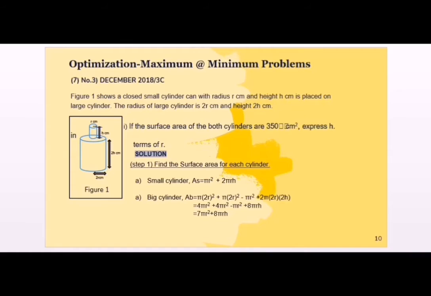The formula for the small cylinder is pi r squared plus 2 pi r h, while the formula for the big cylinder is pi (2r) squared plus pi (2r) squared minus pi r squared plus 2 pi (2r)(2h). Why do we put the brackets around 2r and 2h? Because in the question we must express h in terms of r. So the final formula for the big cylinder is 7 pi r squared plus 8 pi r h.